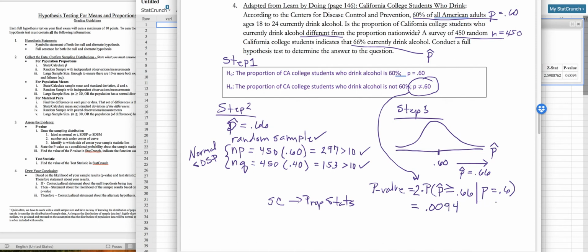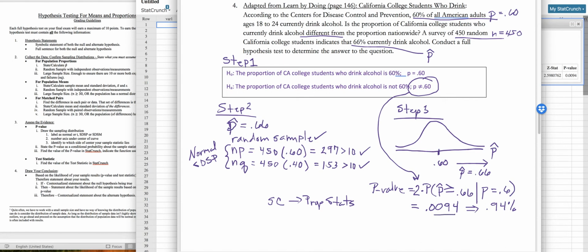0.0094. So under the condition that the proportion of students drinking alcohol really is 60%, really is 0.6, we would get sample results like we got, or something more extreme, about 0.94% of the time, right?